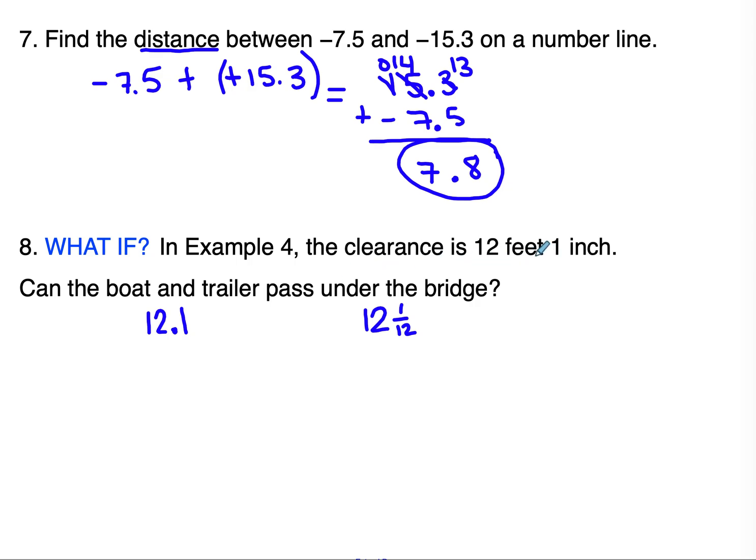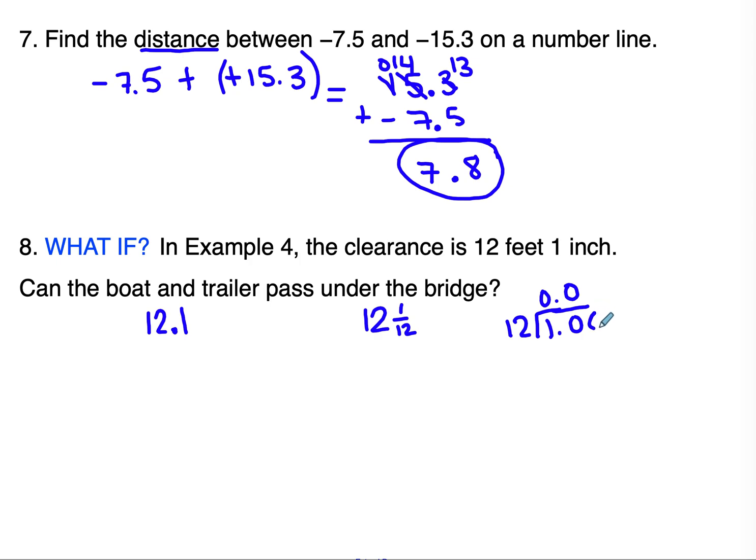So I could compare them lots of different ways. I think I'm going to change my 1/12 into a decimal and compare them that way. I could have also changed the 1/10 into a fraction and compared them with fractions as well. 1/12 as a decimal: 1, my numerator, divided by 12, my denominator. 12 does not go into 1. Adding my decimals and my zeros. 12 does not go into 10.